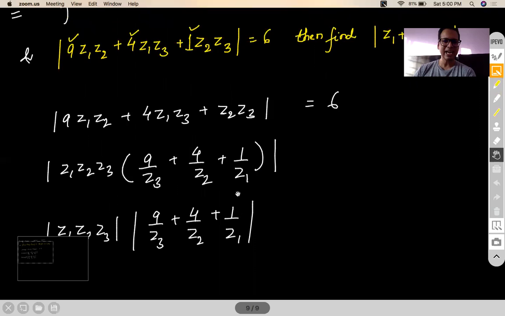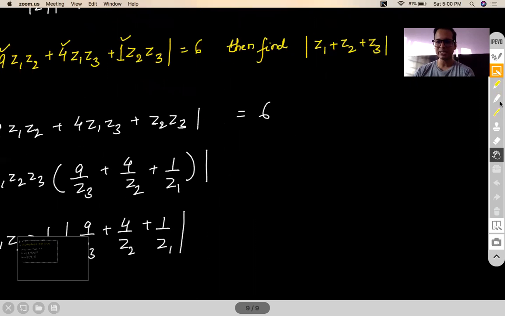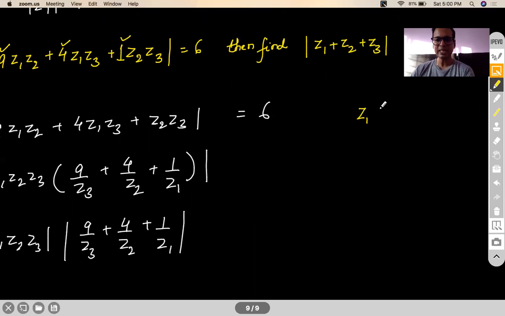Now, all of you please pay attention. You have been provided that mod Z1 is 1. So can I say Z1 into Z1 conjugate is mod Z1 square, which is equal to 1. So 1 by Z1 is nothing but Z1 conjugate. So this guy will become Z1 conjugate, right?